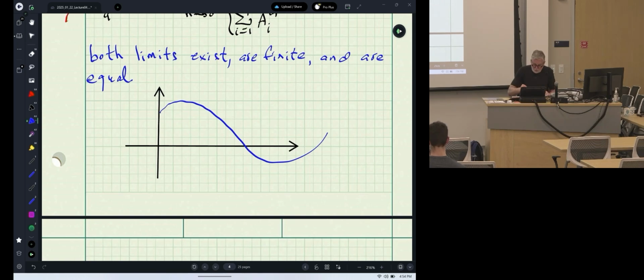The function can be negative, in which case we would have our rectangle looking something like this. The function can be positive, our rectangles look like this.